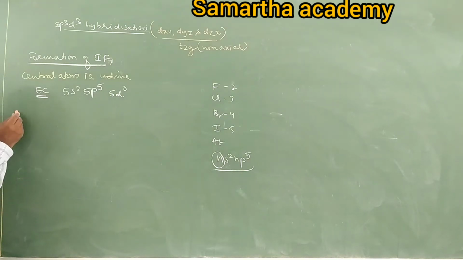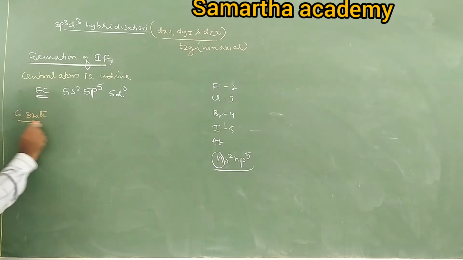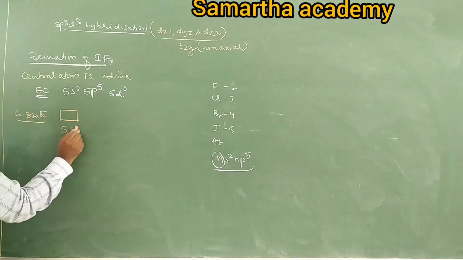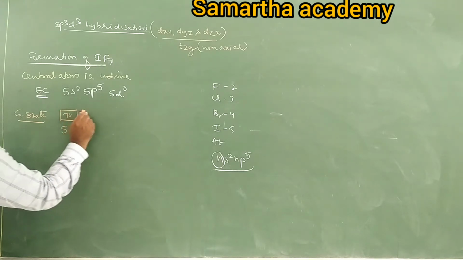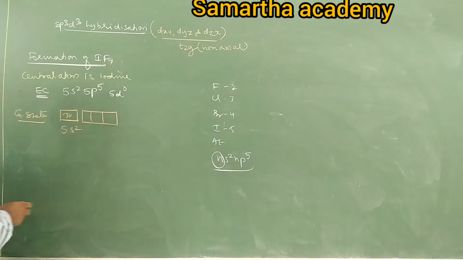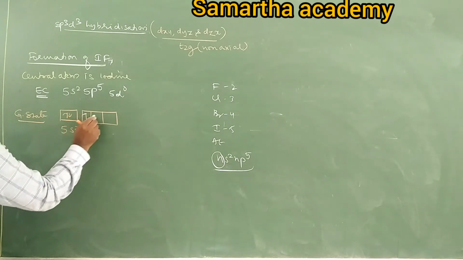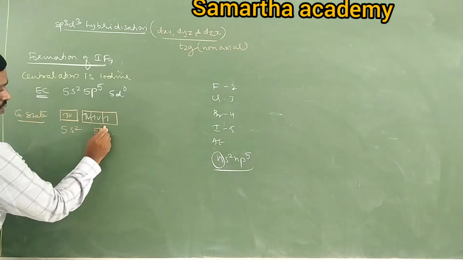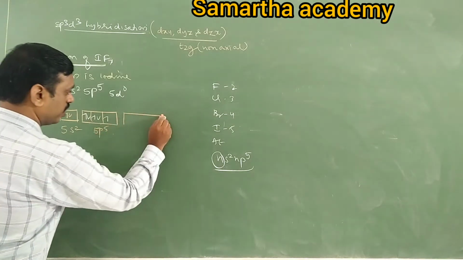So what is the ground state electronic configuration? 5s2, two electrons, 5p5, five electrons, 5d0.